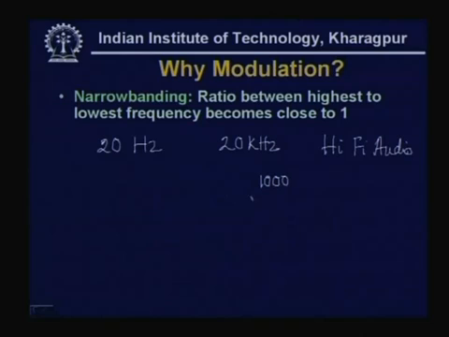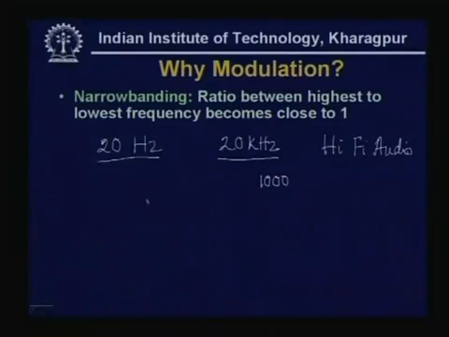And obviously, if you design an antenna for this frequency, then it is not at all suitable for this frequency, or if you design an antenna for the highest frequency, then it will not be suitable for transmission of the lowest frequency. So, you see, a single antenna will not be able to transmit both the signals effectively and efficiently.